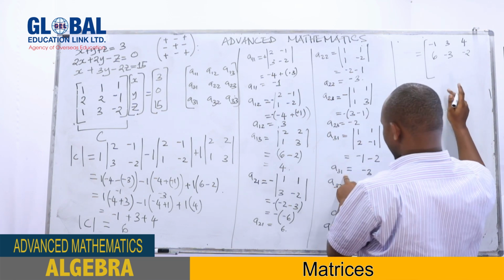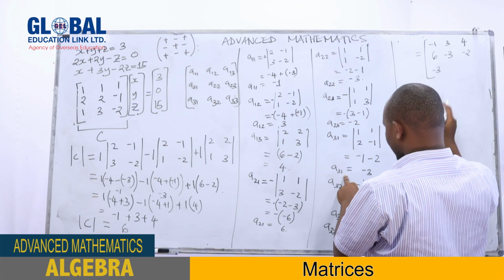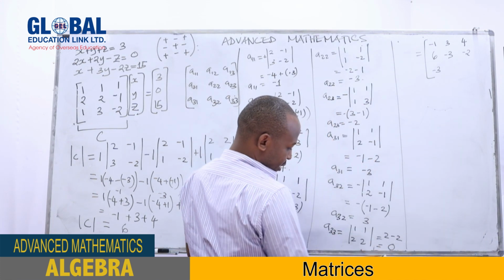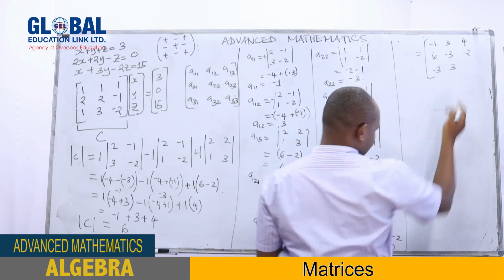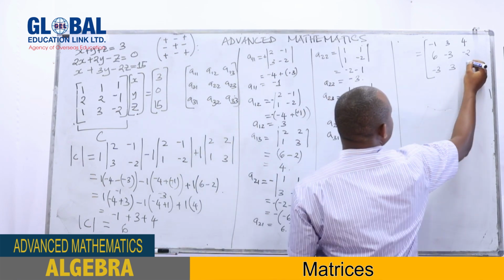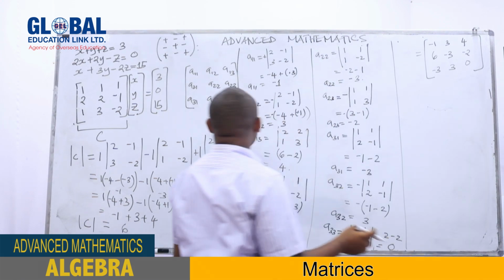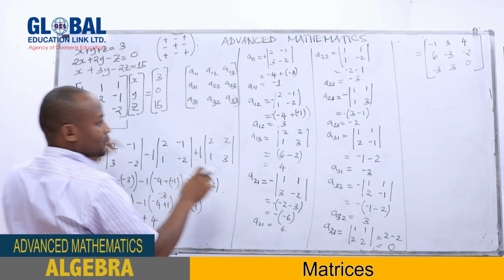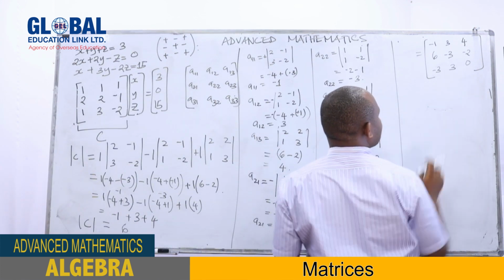And then 3, 1, that is negative 3. And then 3, 2 is 3. And 3, 3 is 0. So the cofactors to that matrix is that matrix there.